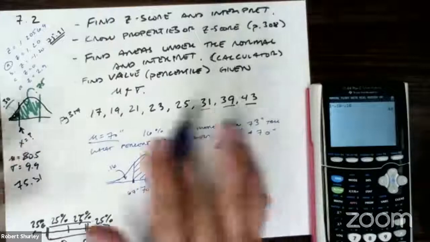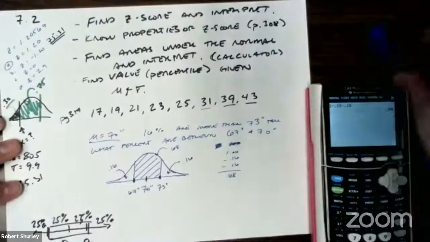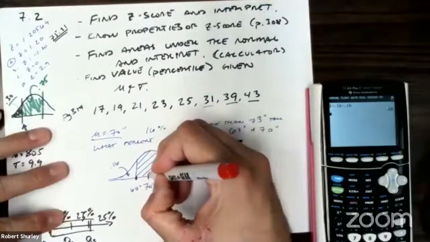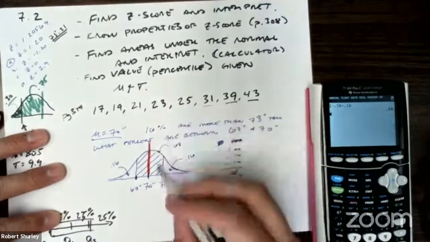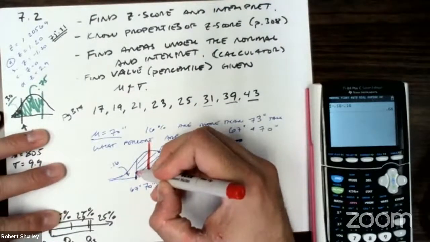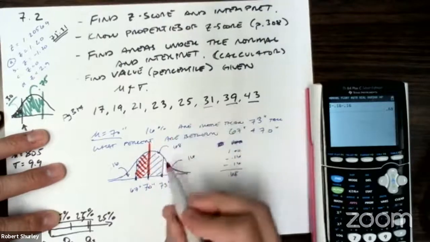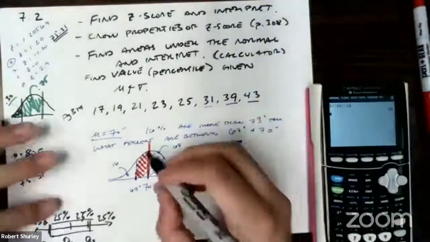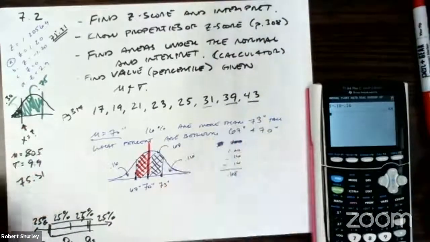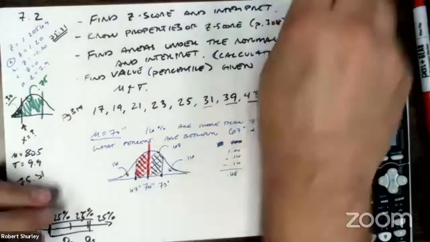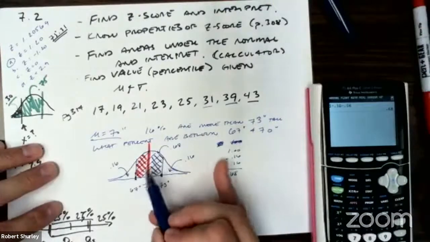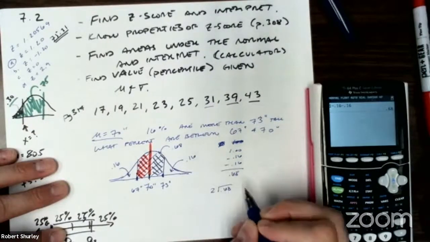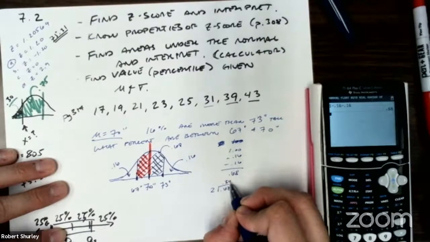Now, look, everything is symmetric. So that means if I come through here and I slice this thing in half, these 2 areas would be the same. This would be the same as this area, right? So if I know it's 0.68 for both these areas, I just divide that by 2, which turns out to be 0.34.